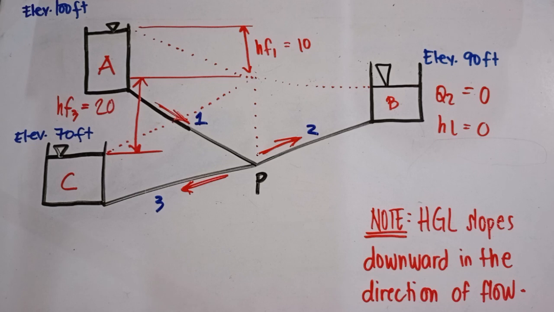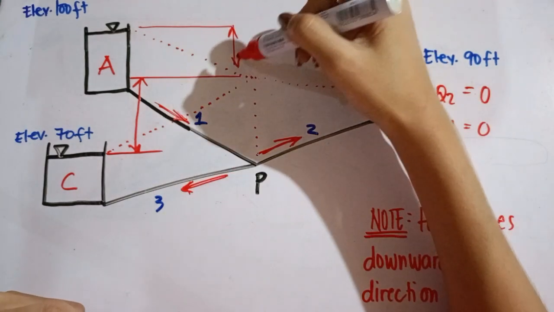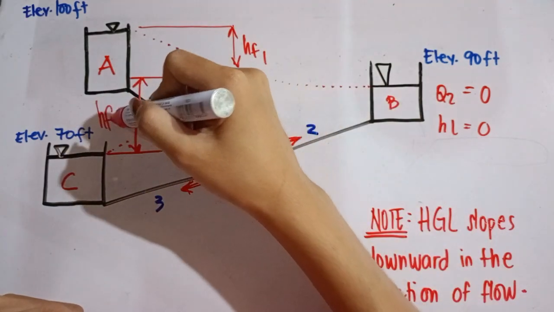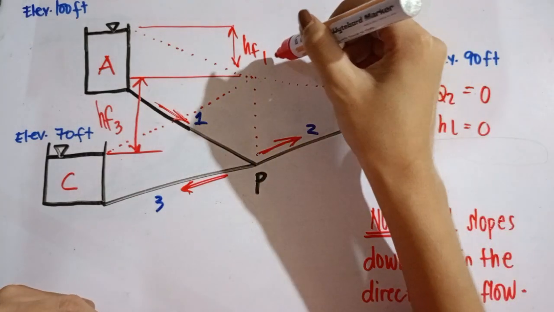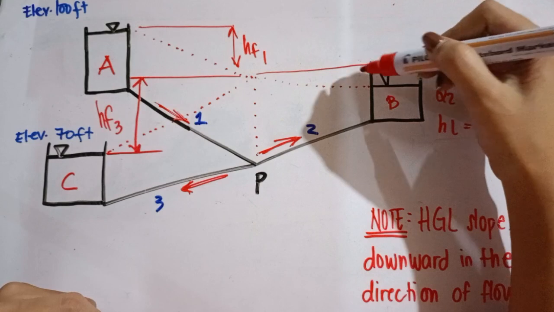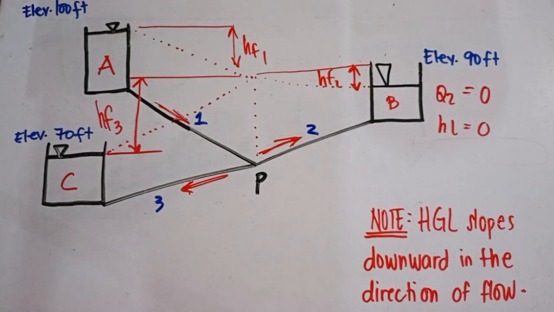And the values of the head losses will change as well. So let's just erase it for a moment. So we still have here our HF1, this is our HF3, and our HF2.